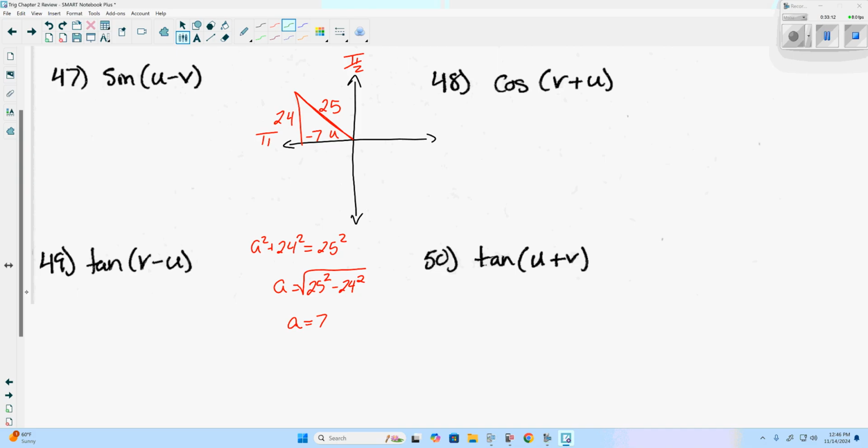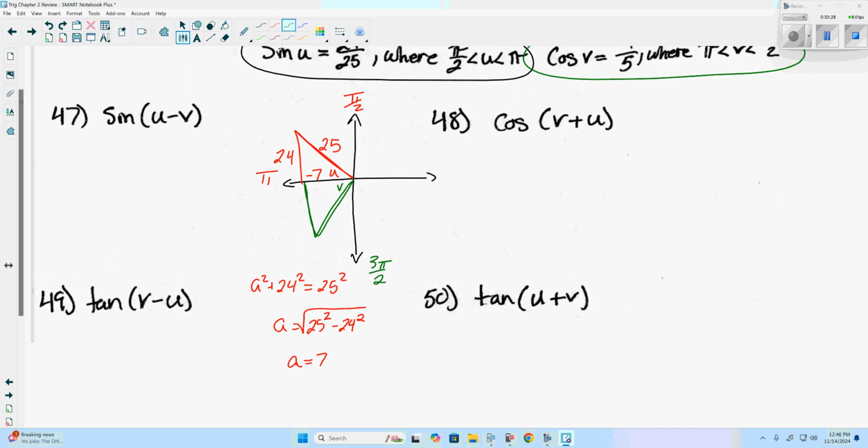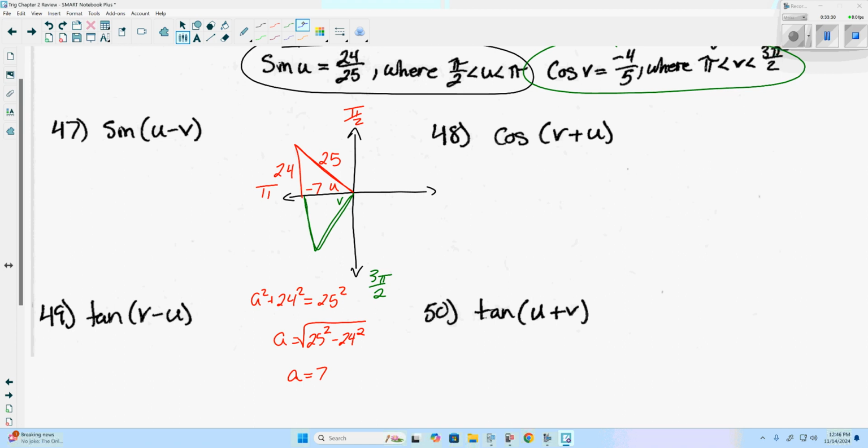But the reason we're doing this with the triangles is so that we can get the value for U and V beyond what they were given to us. Because if we look at, say, 47, are they here? Yes.